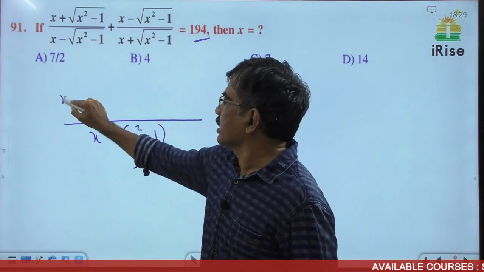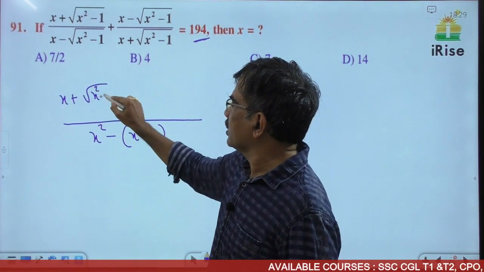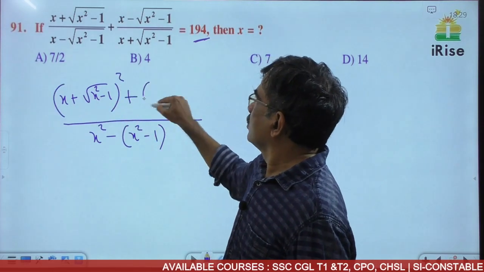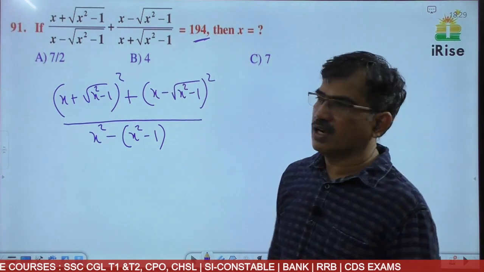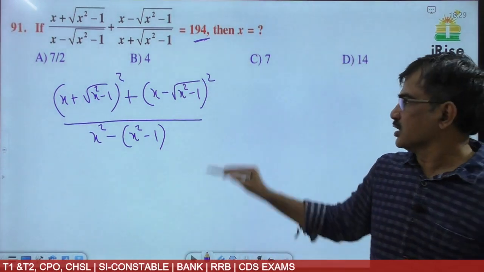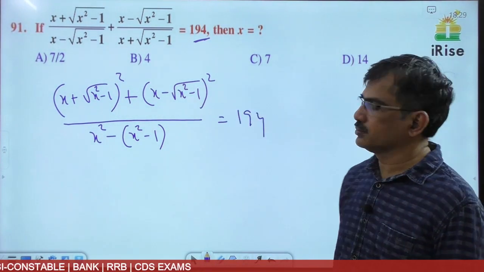The numerator is x plus root of x square minus 1 whole square plus x minus root of x square minus 1 whole square after taking LCM is equal to 194.